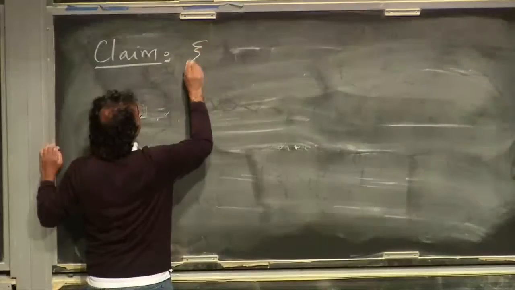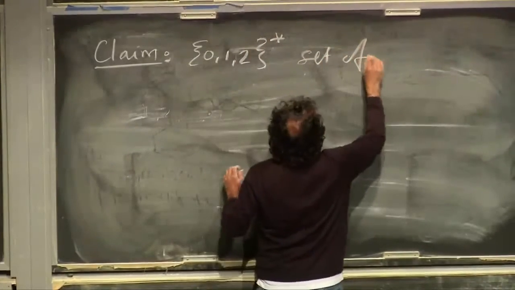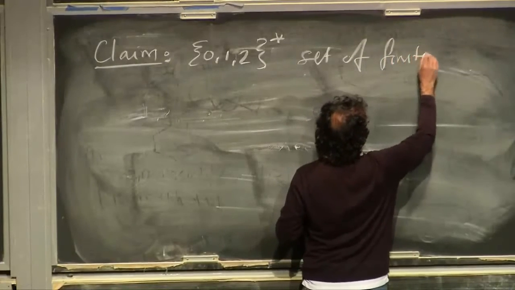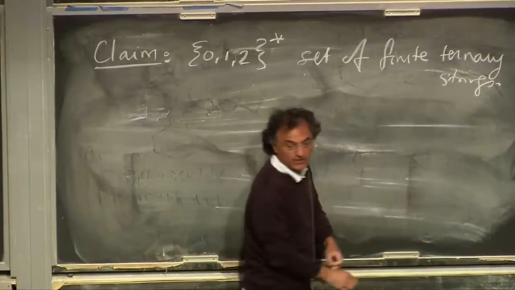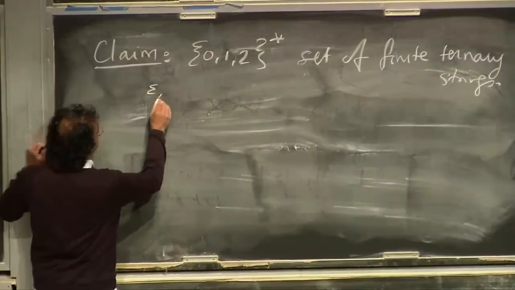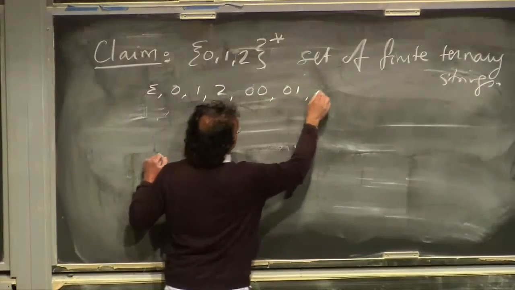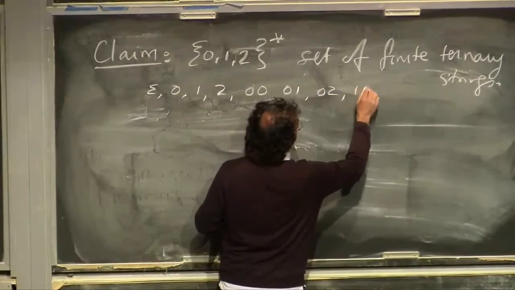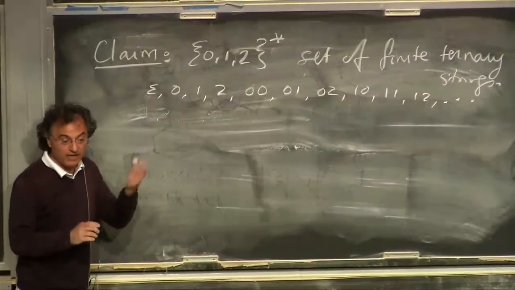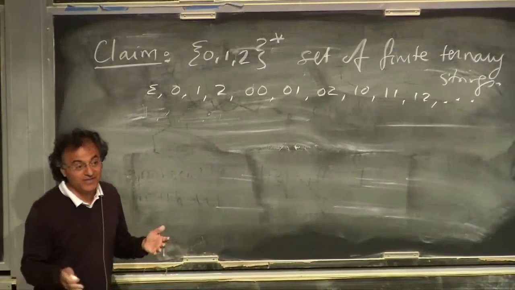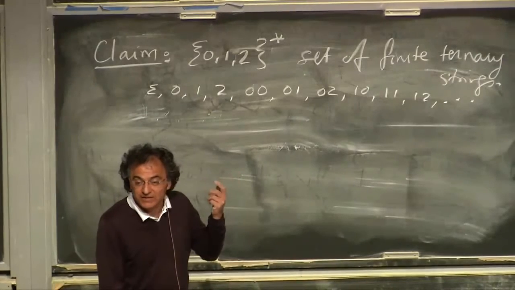If you look at the set of all finite ternary strings, meaning strings like the empty string, 0, 1, 2, 00, 01, 02, 10, 11, 12, etc., so all possible strings that you can get with the alphabet 0, 1, 2, this is also exactly the same as the number of natural numbers, almost by the same argument. You have to think a little bit harder.